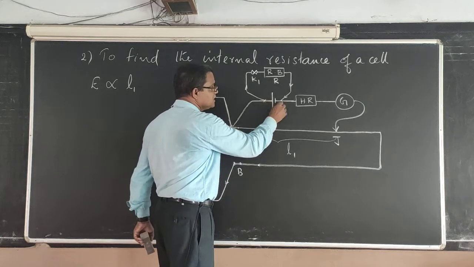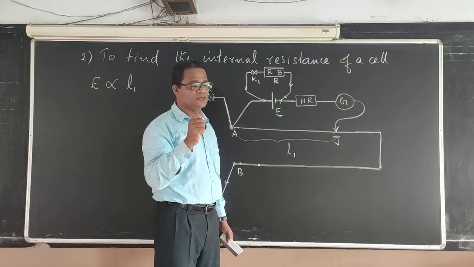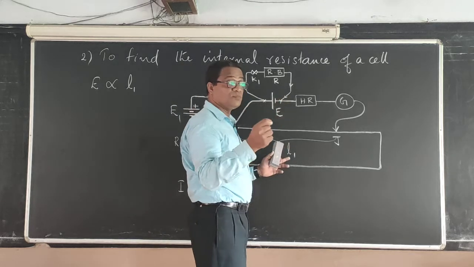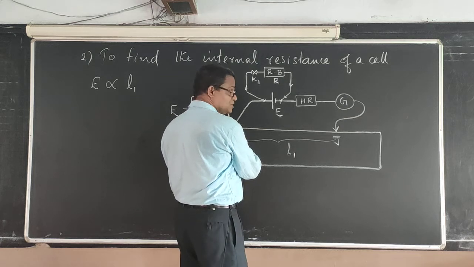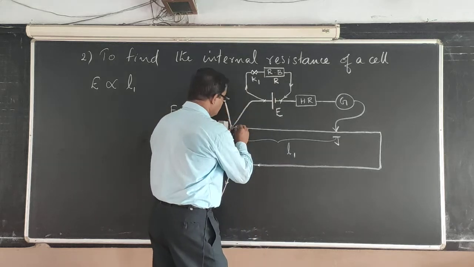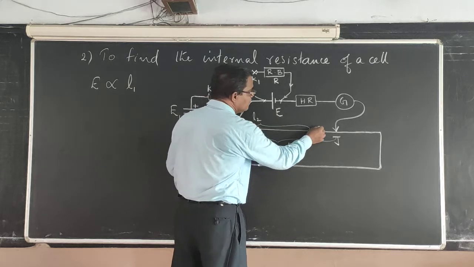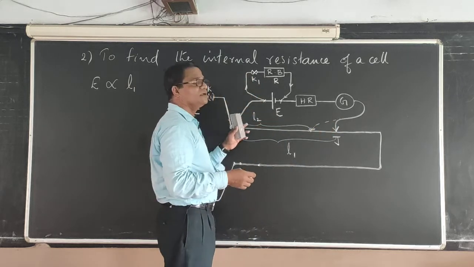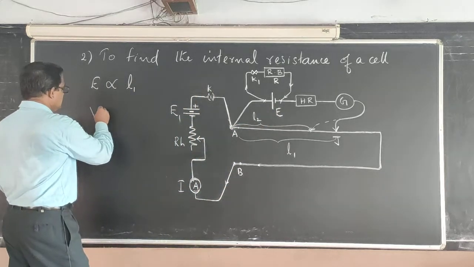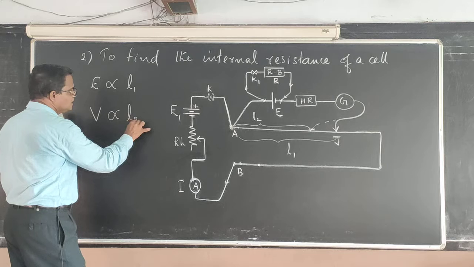When the EMF is used in a circuit, between the terminals there will be a terminal potential difference. That we know. So now across these two points there will be a terminal potential difference, and that terminal potential difference is now balanced by moving the jockey, and for a particular length, suppose I say L2, when the jockey is here, that potential difference is getting balanced. Therefore, I can say the terminal potential difference of the cell is balancing across L2.